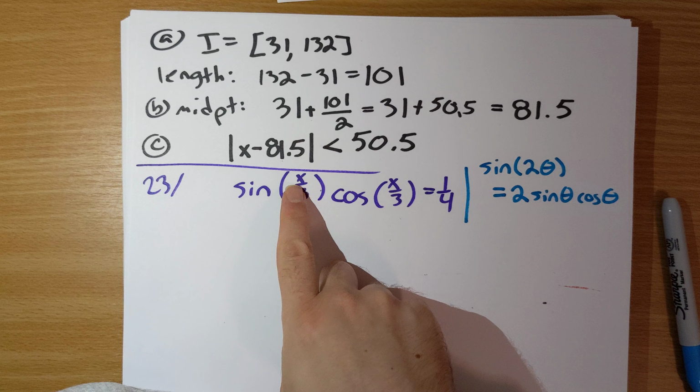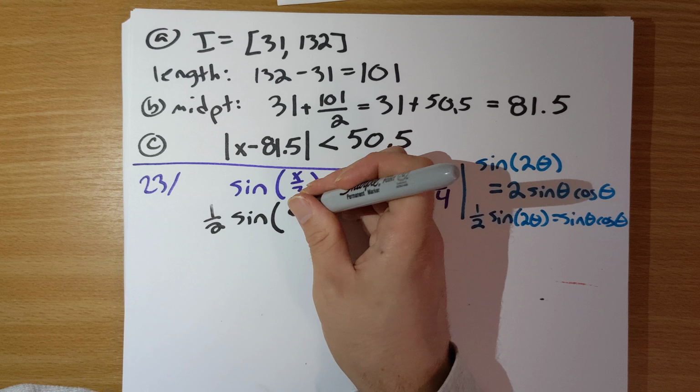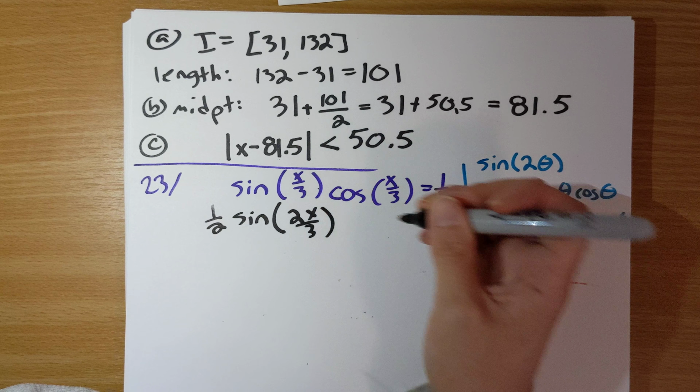So this is sine θ cosine θ, and we divide both sides of this by 2. 1/2 times sine of 2θ is sine θ cosine θ. Okay? So we can replace sine of x over 3 times cosine of x over 3 with 1/2 sine of 2x over 3. And that still is equal to 1/4. Multiply both sides by 2. Sine of 2x over 3 is equal to 1/2.